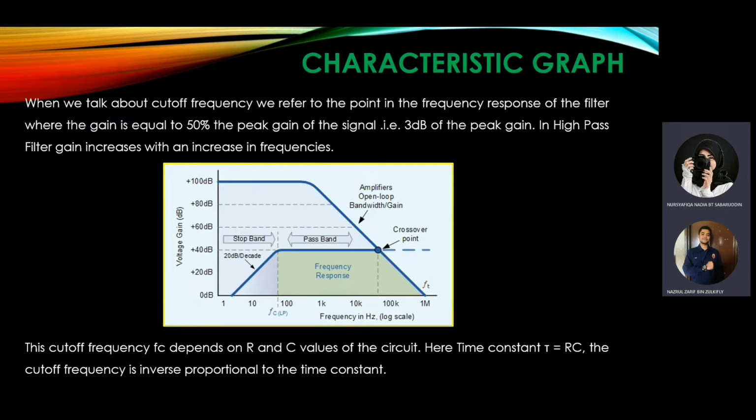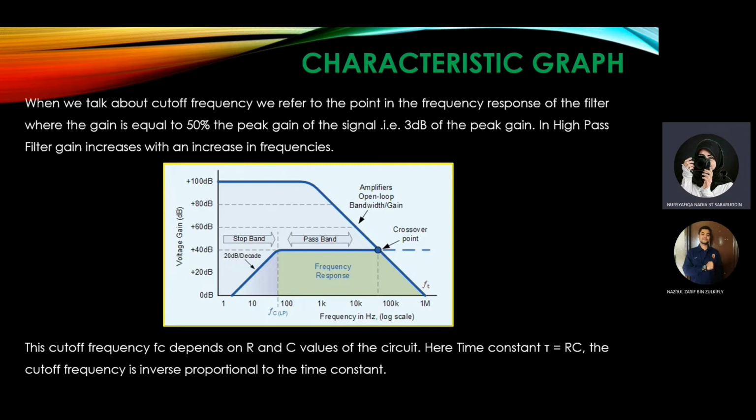For the characteristic graph, when we talk about cut-off frequency, we refer to the point in the frequency response of the filter where the gain is equal to 50% of the peak gain of the signal, for example 3 dB of the peak gain.